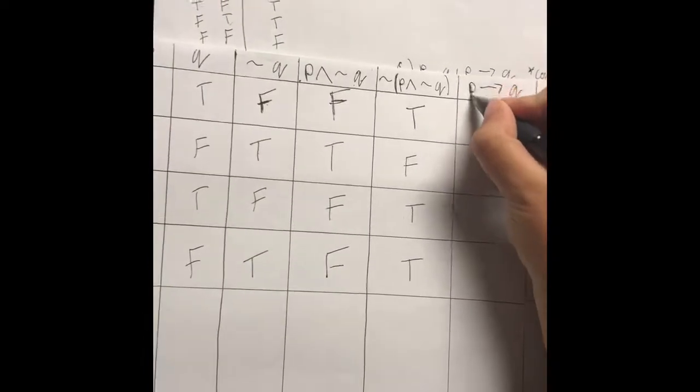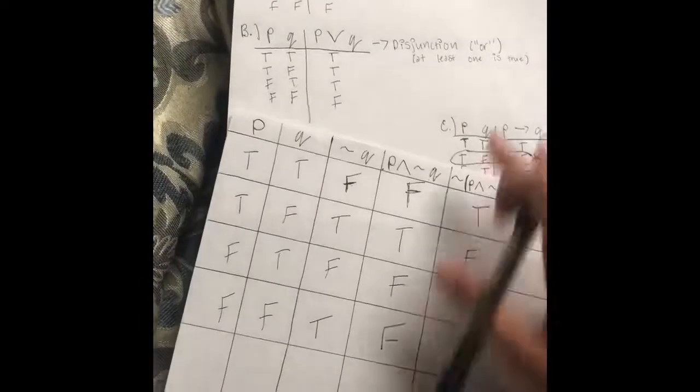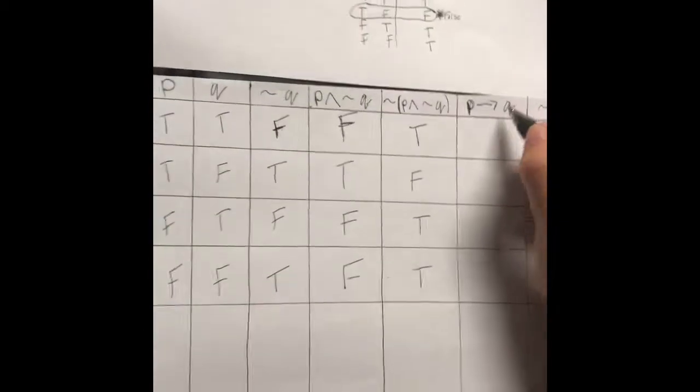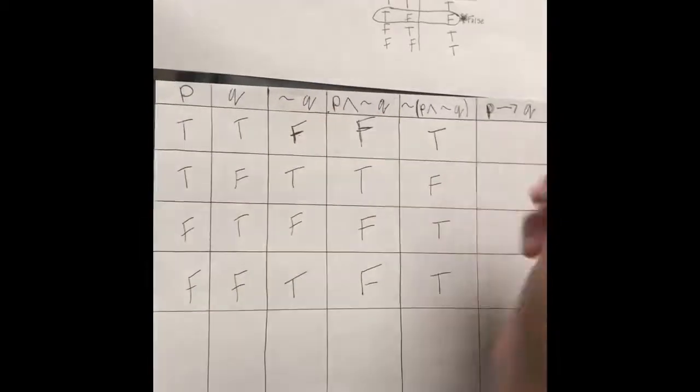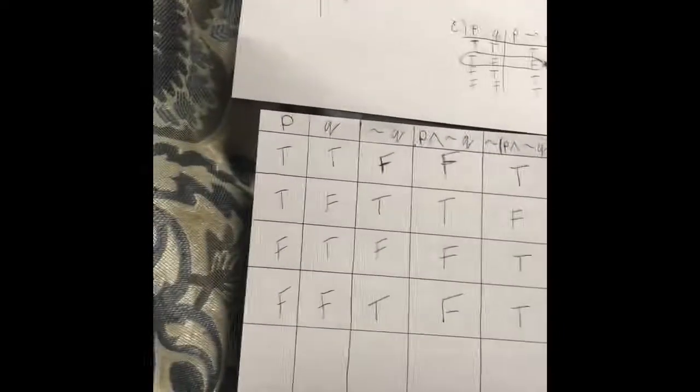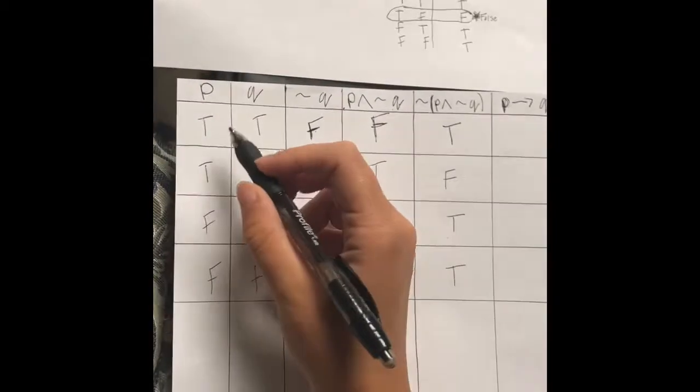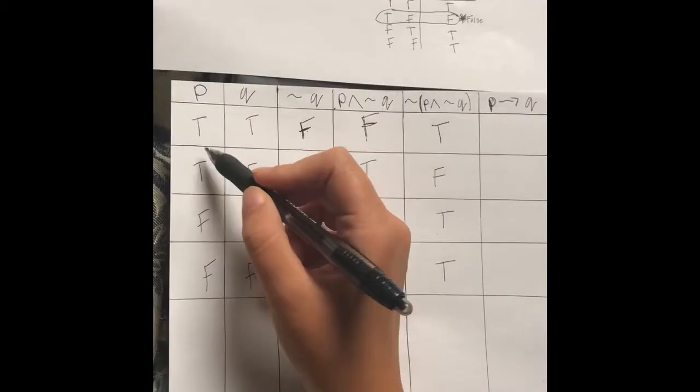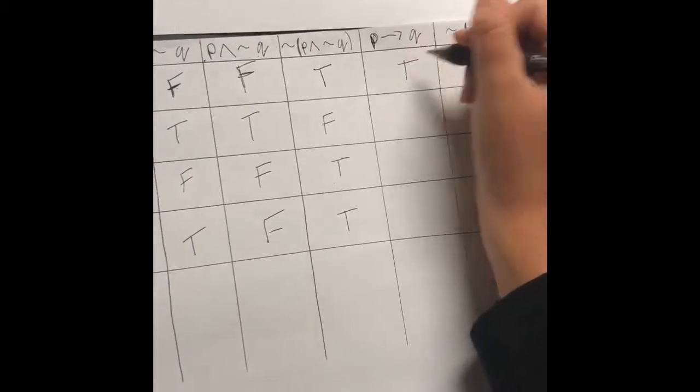So now we have if P then Q, so that is going back to our conditional statement. If we can remember from our rules, if P then Q. So going back to our rules here, P is true, Q is true, so we are going to have a true statement here.